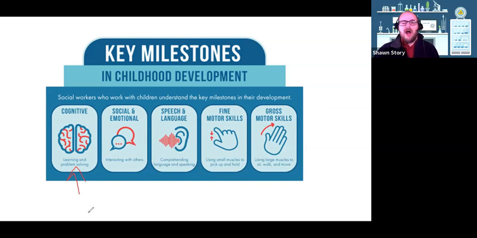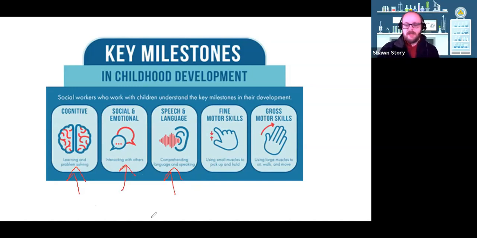Cognitively, are they learning? How are they learning? What is actually going on in their brain from a neurological level? Are we seeing speech and language development, auditory, oral language, and literacy eventually when we get into preschool and kindergarten? Social and emotional development.